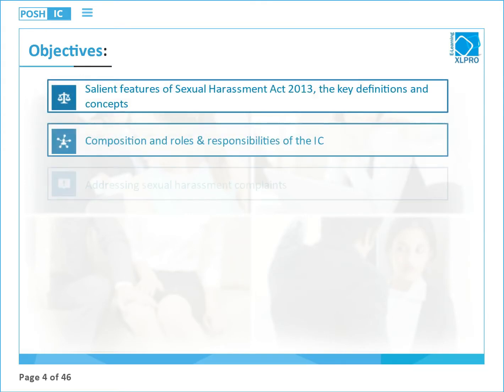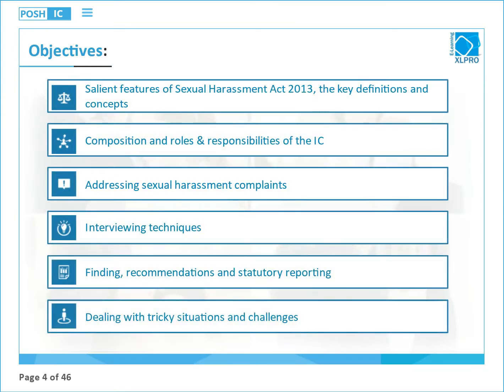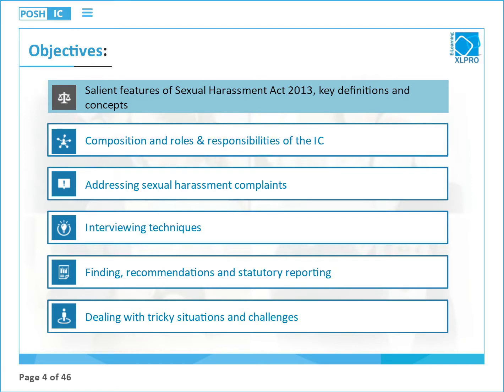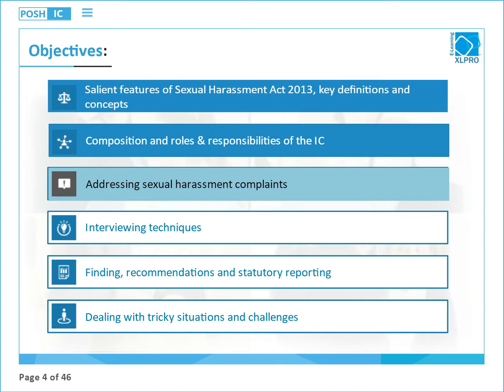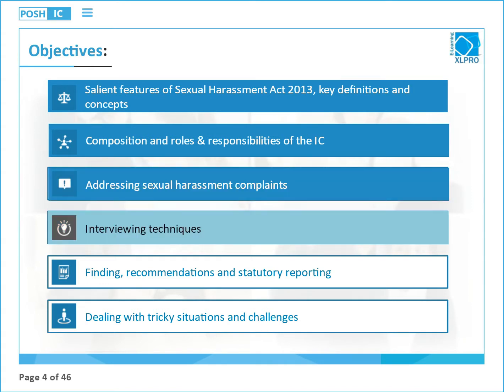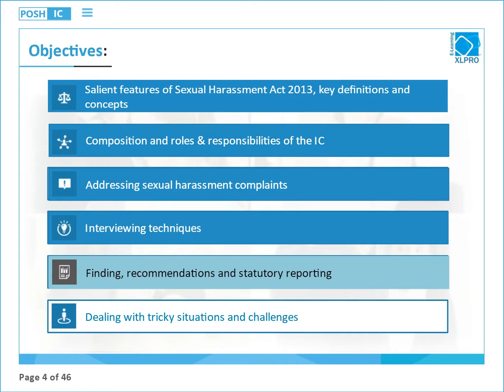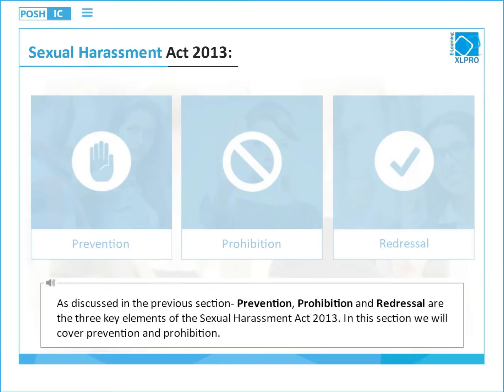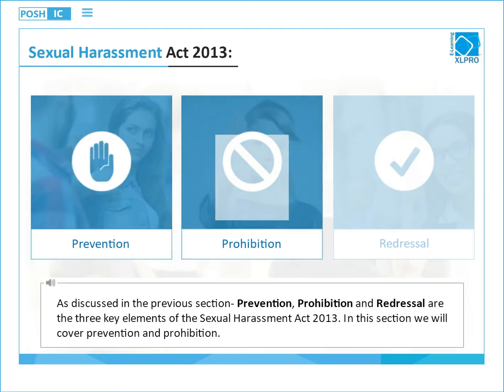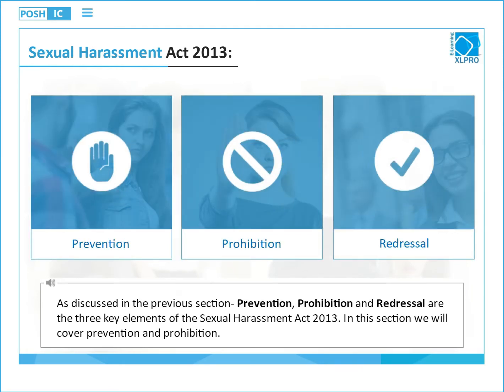Over the course of the next 30 minutes, we will learn about the following topics: salient features of Sexual Harassment Act 2013, key definitions and concepts, composition and roles and responsibilities of the IC, addressing sexual harassment complaints, recommended interviewing techniques for the IC, arriving at the findings, recommendations to the employer, and statutory reporting, and dealing with tricky situations and challenges.